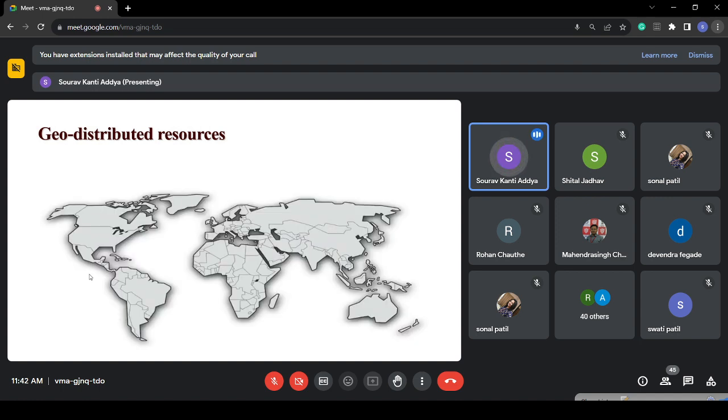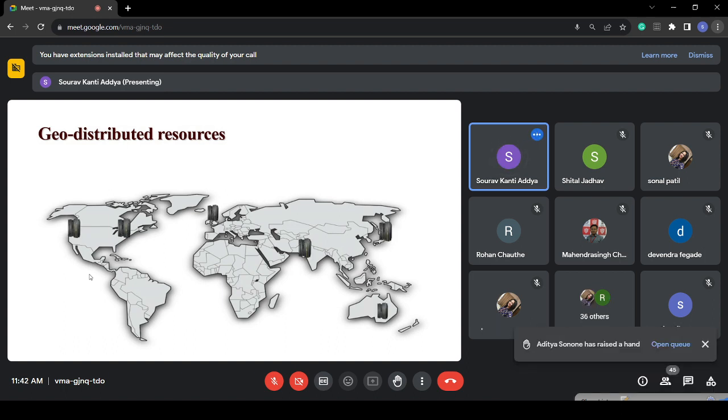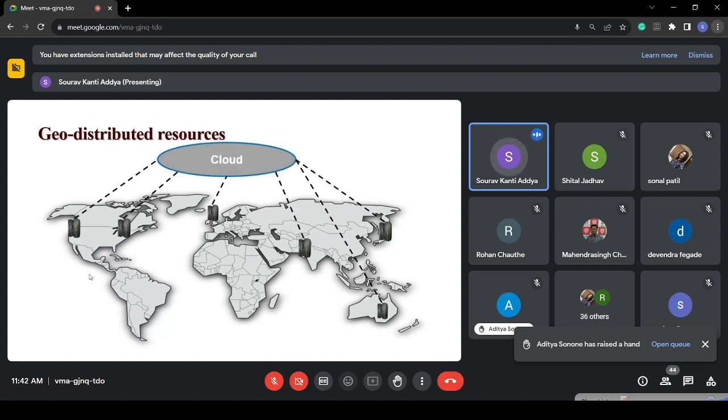So in the global plane, there are different data centers situated in different places in a geo-distributed manner. And the logical view of this is called cloud. They are connected over the internet or a network, and the virtualized resources are realized through a concept called cloud.